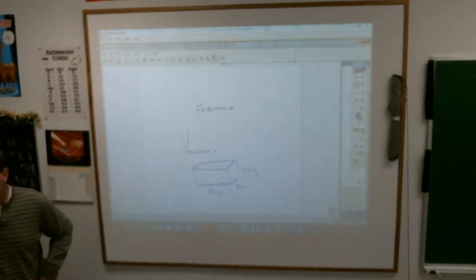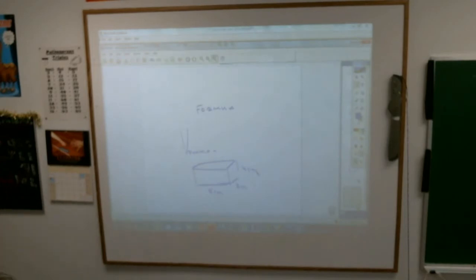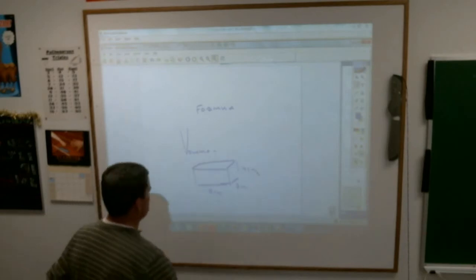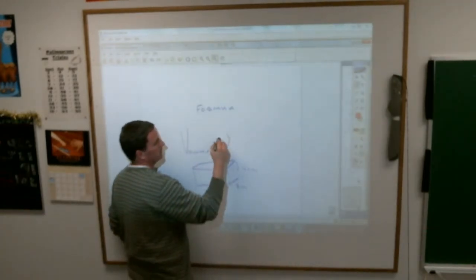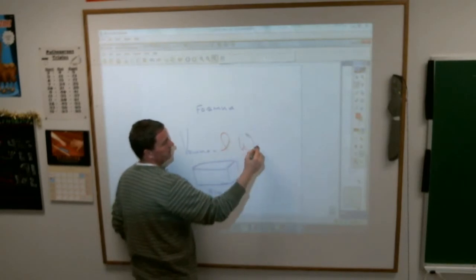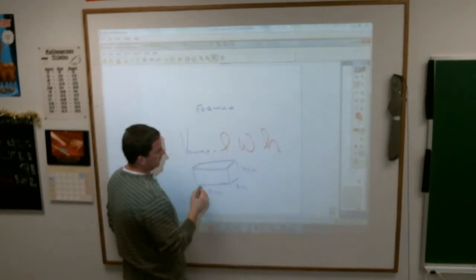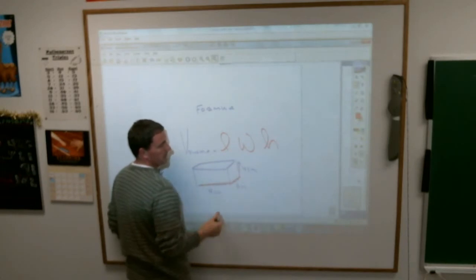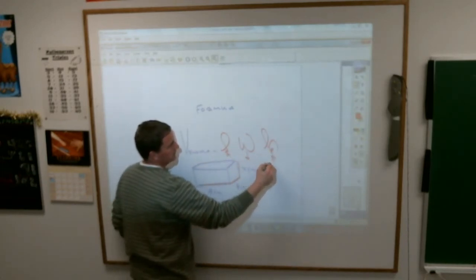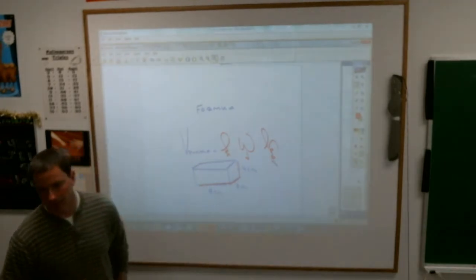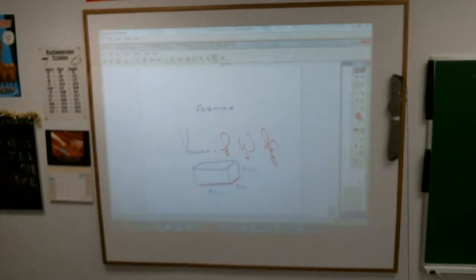Kate? Length times width times height. There you go. In other words, you multiply the 3 dimensions together. And you will get the volume, just like I did for this thing. 5 times 5 times 5 is 125. The cube thing was 10 times 10 times 10.